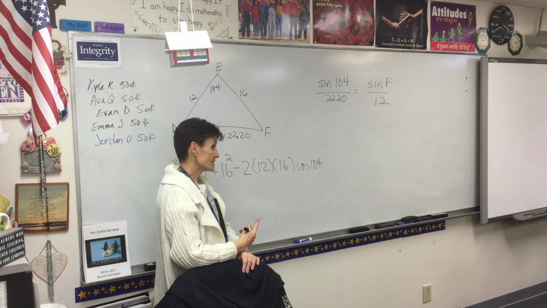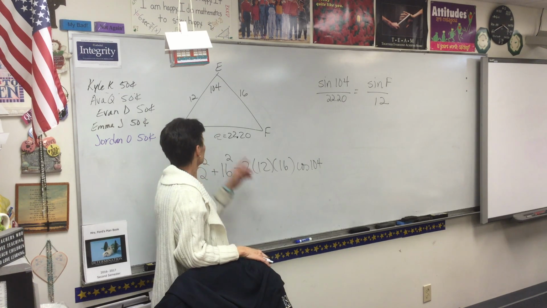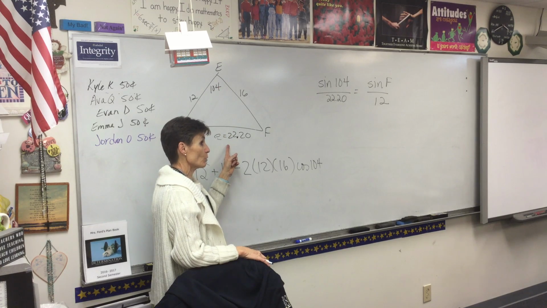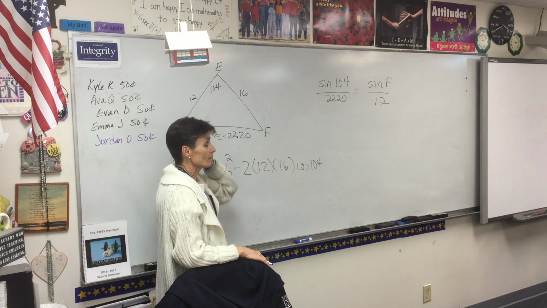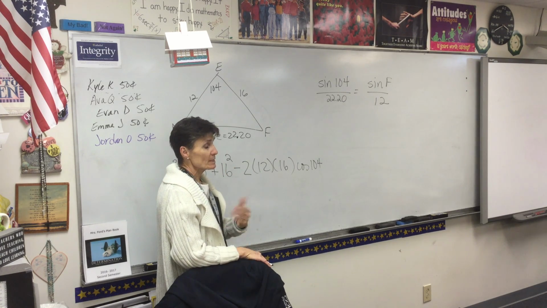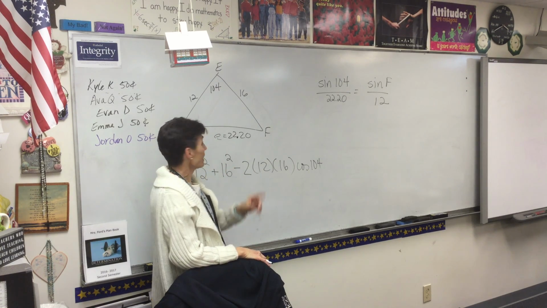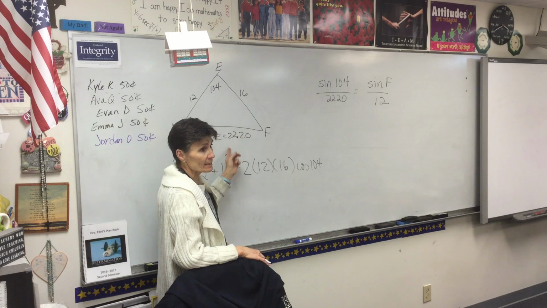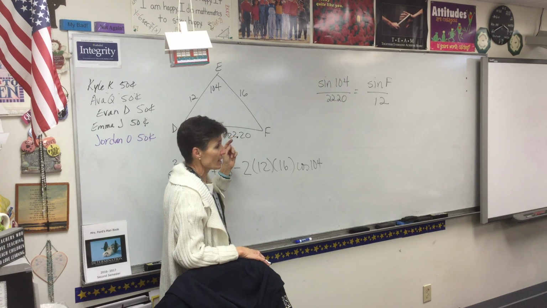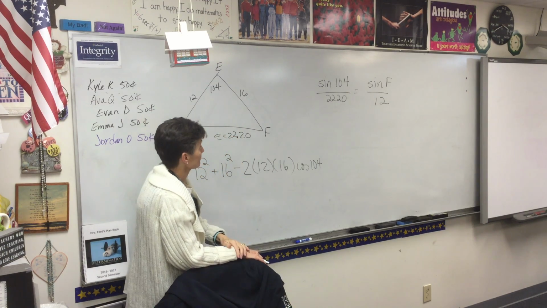It's the law of sines. Sine 104 over 22 equals sine f over 12. Law of sines. And the reason we can now do the law of sines is because we have a match, right? We have a set, angle and side, E and E. You can't do the law of sines till you have that.